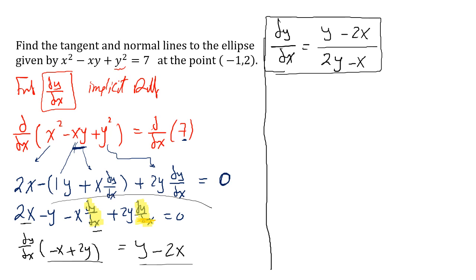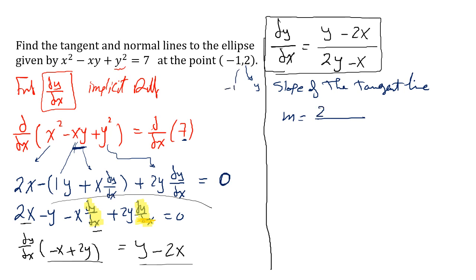If I wanted to find the slope of the tangent line, all I have to do is plug in y with 2 and x with negative 1.